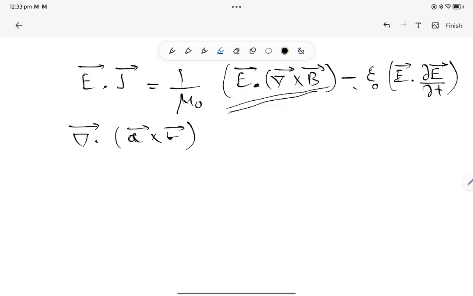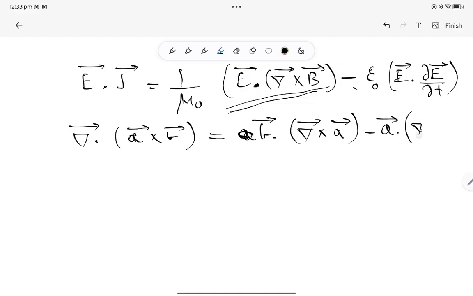Well, when you write it this side, you have B dot del cross A minus A dot del cross B.